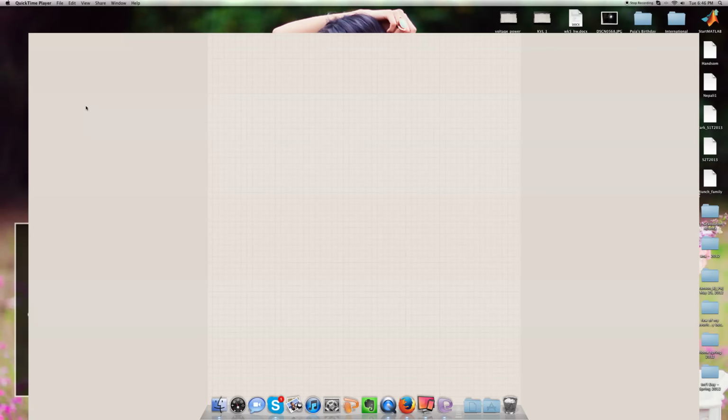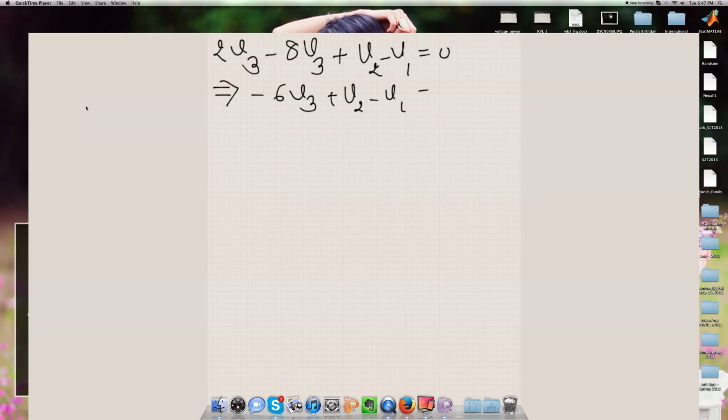So it's going to give us 2 V sub 3 minus 8 V sub 3, and 4 in the denominator cancels with the 4 in the numerator, giving us V sub 2 minus V sub 1 equals 0. That is to say, we have minus 6 V3 plus V sub 2 minus V sub 1 equals 0. Let's put this in a box.